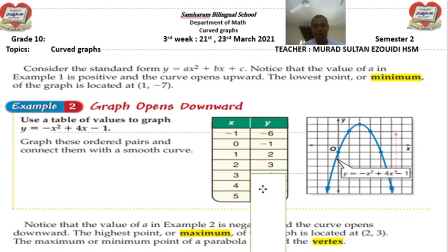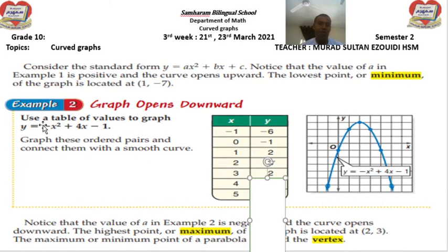When x equals 4, it will be -4 squared, which is -16, plus 16, which is 0, so it remains only the -1. When x equals 5, -5 squared will be -25, plus 20, because 4 times 5 is 20, it will be -5, minus 1, it will be -6.